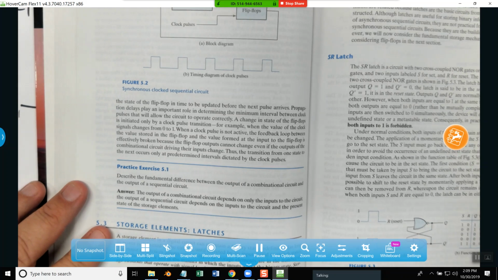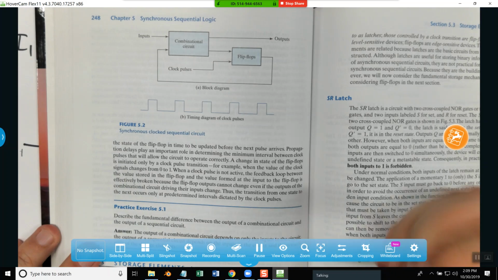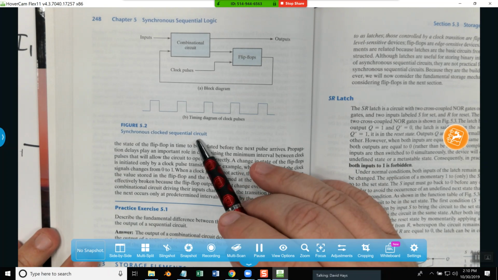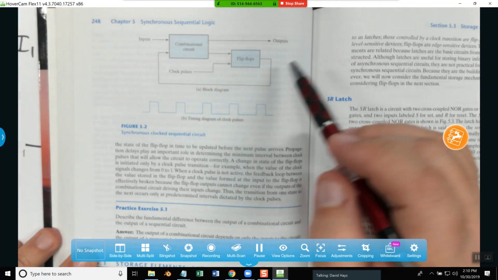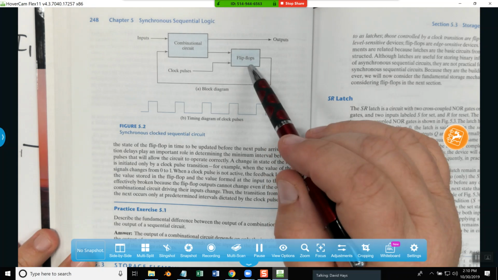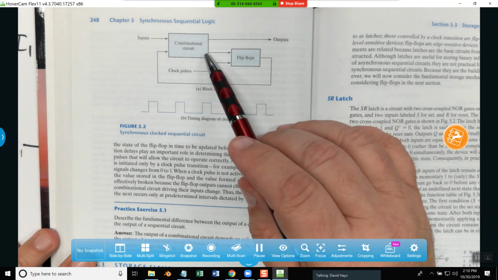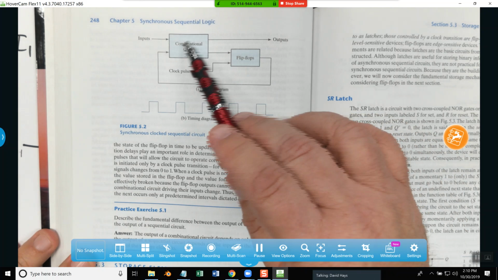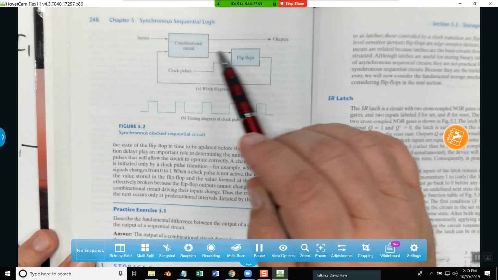Now here's a synchronous clocked sequential circuit. So we have our inputs coming in. Here's our memory, and we have some outputs going there. But then you also have some elements that will come on this path, specifically one bit at a time. So that's what a flip-flop will store.